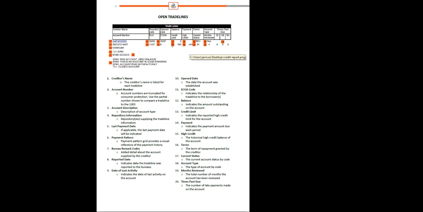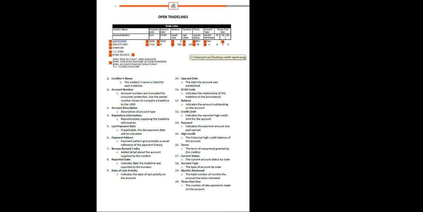And then the terms, number 16, talks about the terms of repayment granted by the creditor. In this case, it's revolving debt. And then 17 is the current account status by the code.